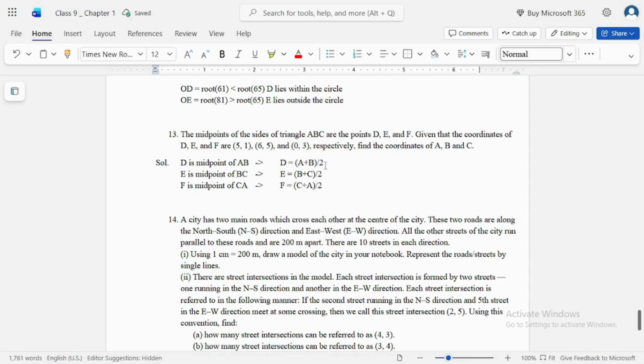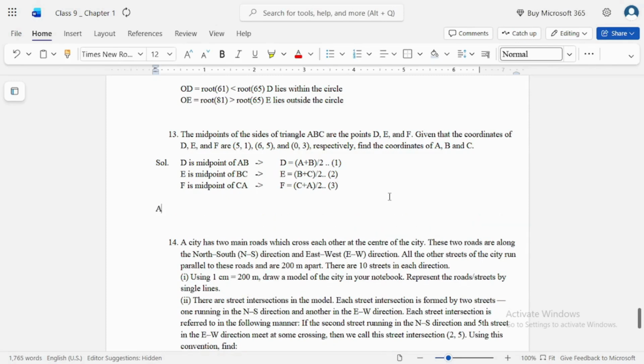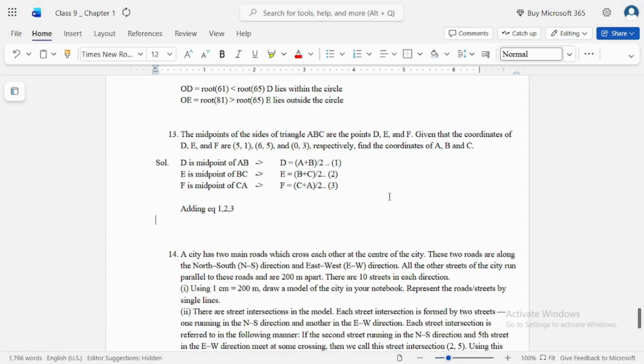So let's consider these as equation number 1, equation number 2, and equation number 3. If we add all these equations, adding equations 1, 2, 3, we will get D plus E plus F equals A plus B plus C.